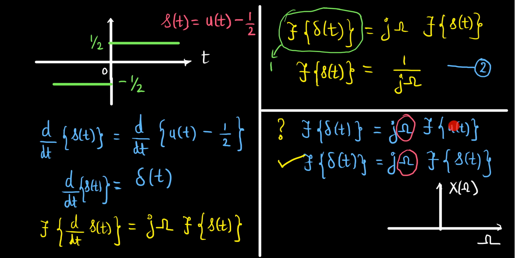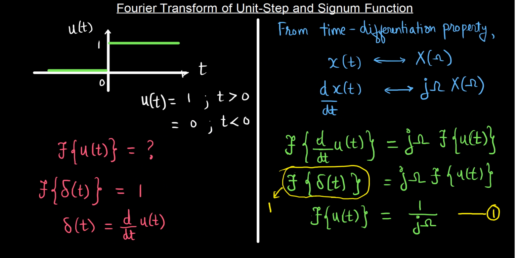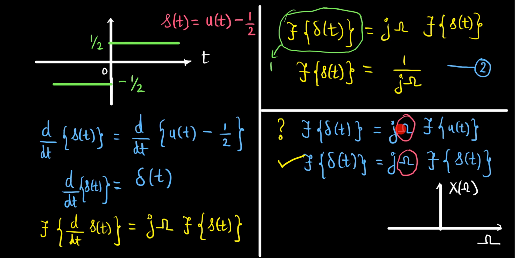But for u of t, there is going to be some finite value of the DC signal. That means the Fourier transform of u of t must have some value at omega equals 0. And just because we are multiplying that with j omega, it is going to be 0. So we are somehow making the value of the Fourier transform of u of t at omega equals 0 as 0.